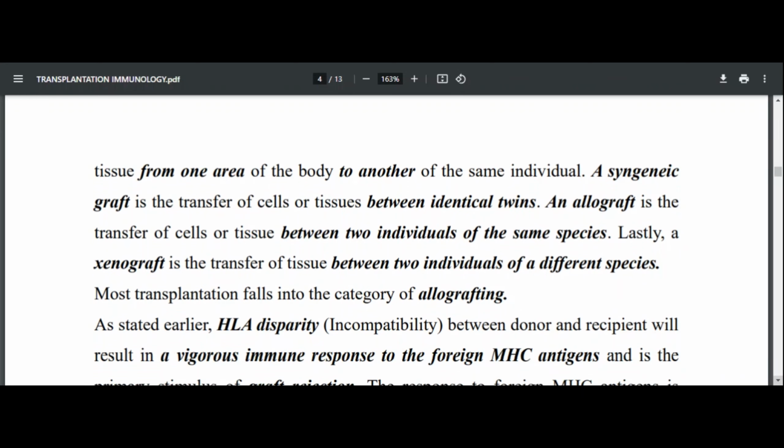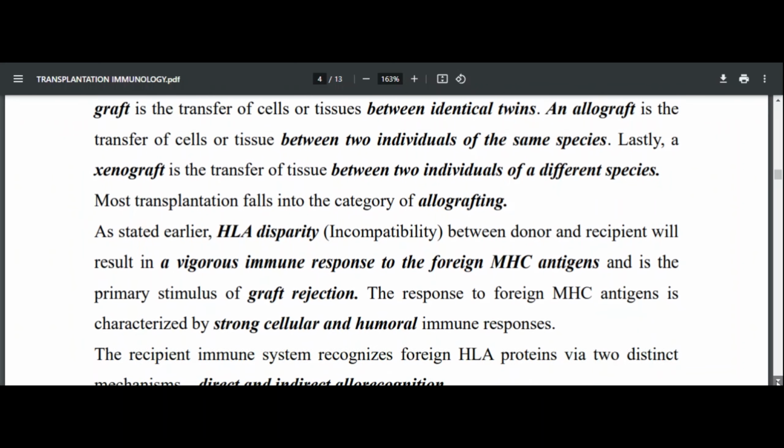A xenograft is a transfer of tissue between individuals of different species, for example from an animal to a person. Some animal tissues can be transplanted to humans. That's what we call a xenograft.